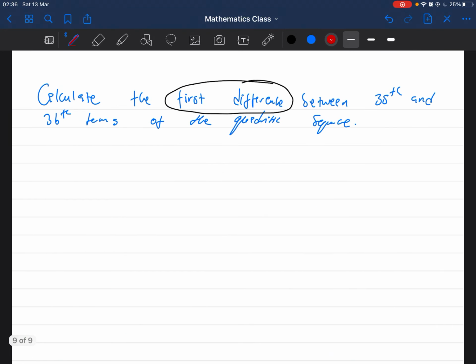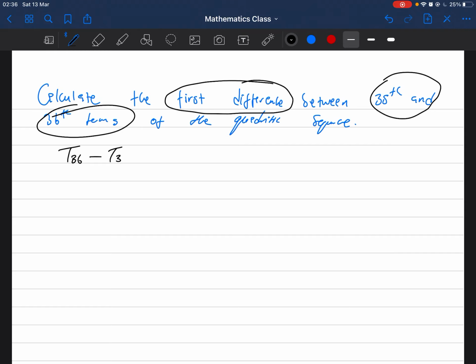That's the first difference. So they basically want you to find the difference between the 35th and the 36th term of the sequence. So they want us to find 36 minus 35, meaning that you need to find what is T36 and what is T35.